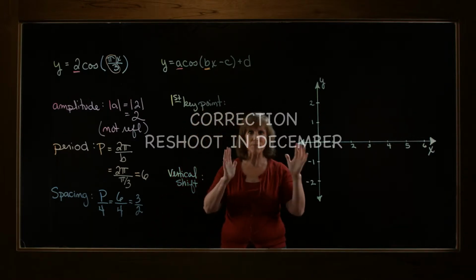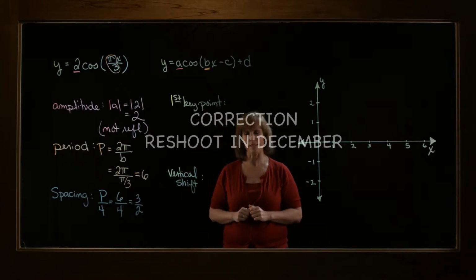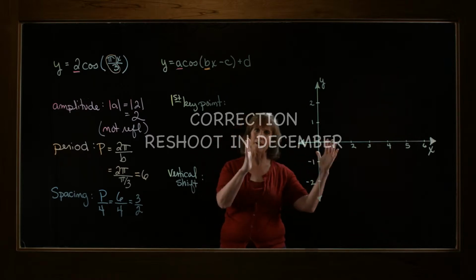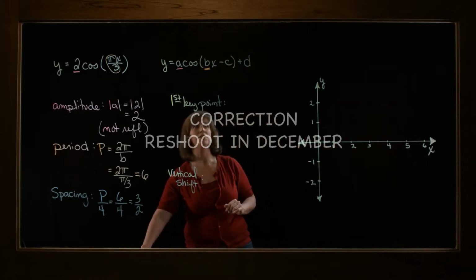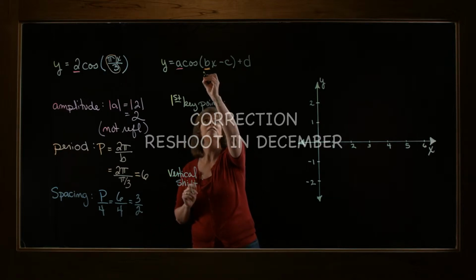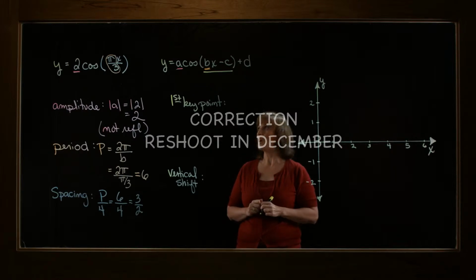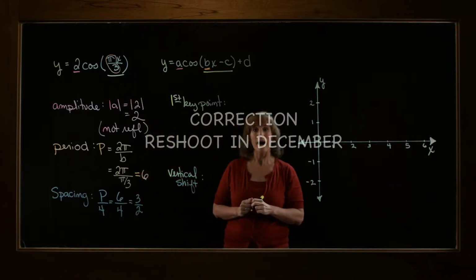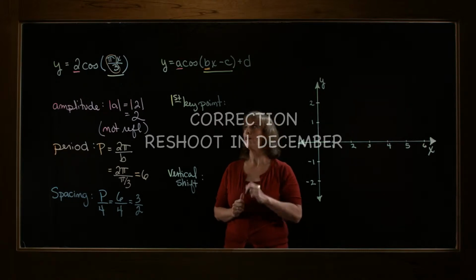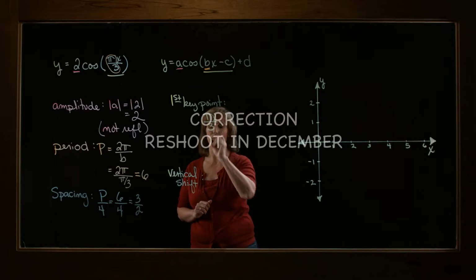Okay, well now I know how to space those key points, but I'd like to know what the first key point is. So is there a shift in my graph? Well, the shift is going to be determined by the expression that's inside those parentheses. So in this case, I'm talking about pi times x divided by 3.